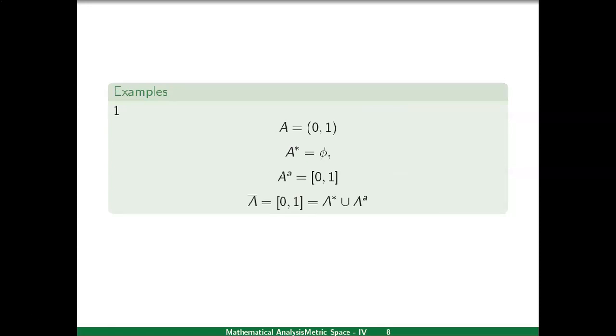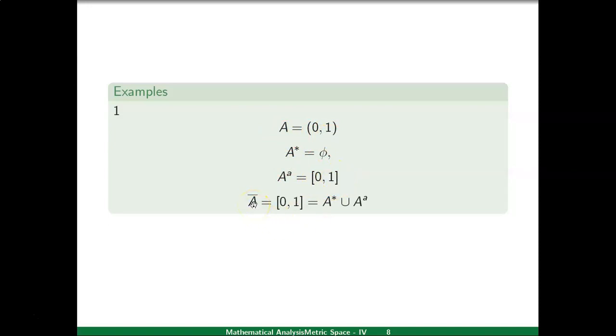Let us verify this with examples. If we take set A as the open interval 0 to 1, which is a subset of the real line, it is easy to see by applying the definition that A star, the set of isolated points of A, will be empty, and the set of accumulation points for this set A will be the closed interval 0 to 1.